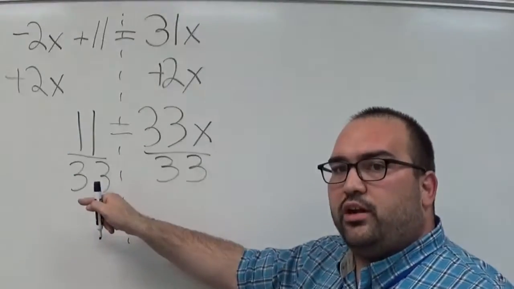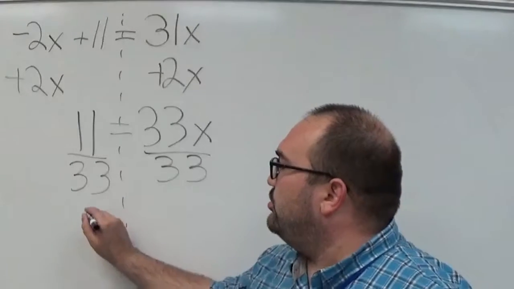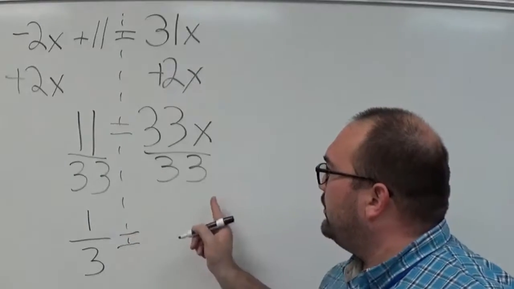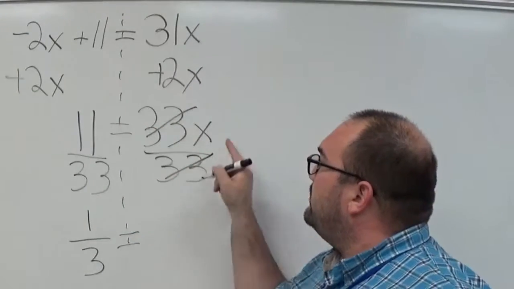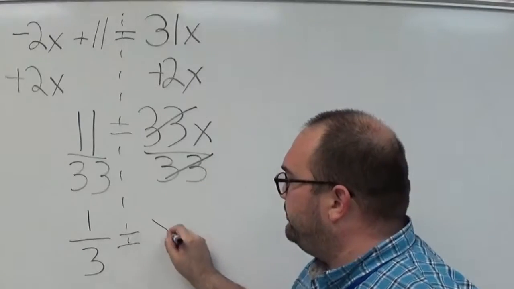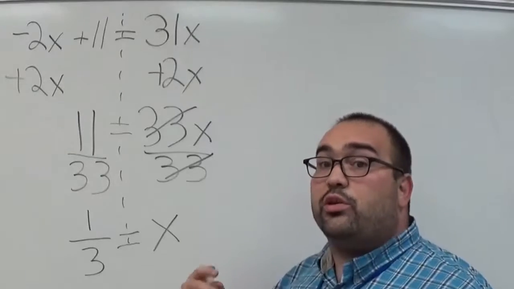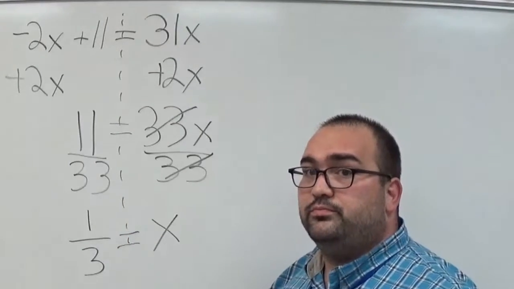On our left side over here, we have 11 over 33, which we can simplify to 1/3. On our right side over here, the 33's cancel out, leaving just the x. So for this equation with variables on both sides, 1/3 equals x.